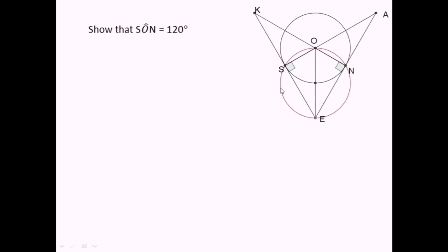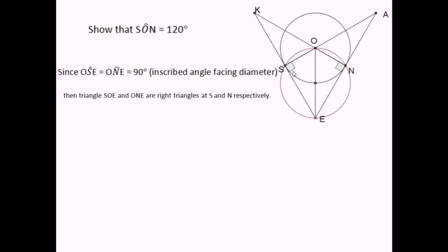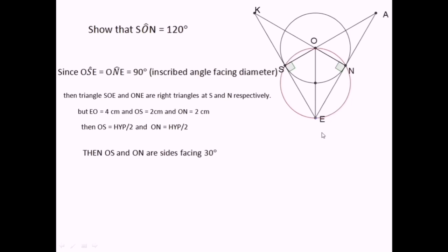So how to write this? First of all, we say since OSE is equal to ONE equal 90, inscribed angle facing diameter, then the triangles SOE and ONE are right at S and N respectively. But EO is 4 and OS is 2 and ON is 2. Then we can note that this side OS is equal to the hypotenuse over 2 and ON is also equal to the hypotenuse over 2.